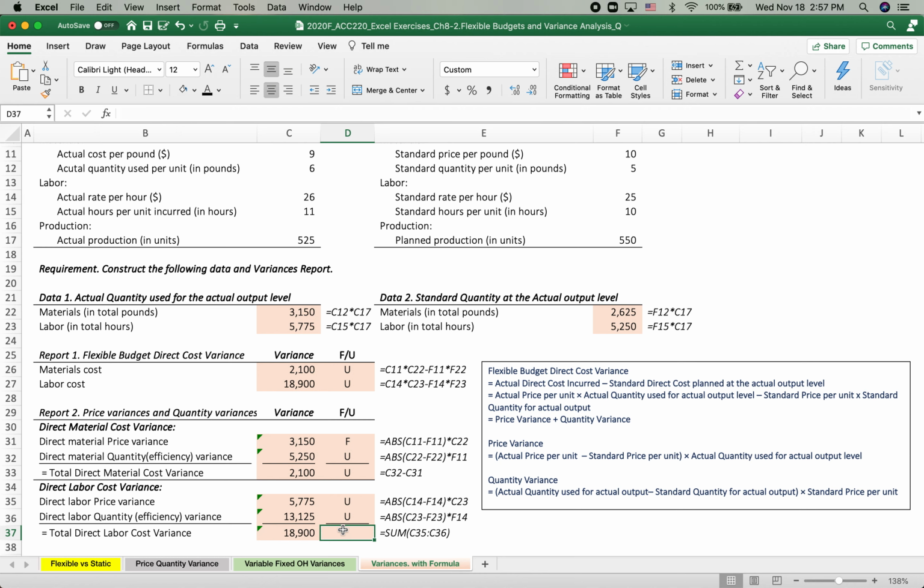So the 18,900 labor cost variance came from these two: inefficient quantity usage of the labor and an inefficient hiring process of this labor.